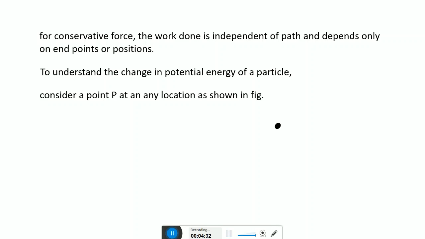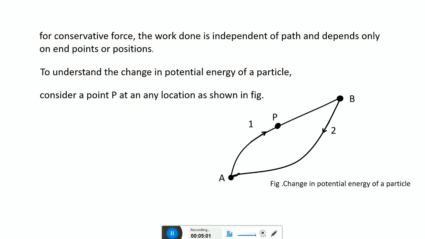This is the position of a particle at a point P. This is position A and this is B. Suppose the particle moves from A to B along path 1. As the force is conservative, it goes to its initial position along path 2. So this figure shows the change in potential energy of a particle.